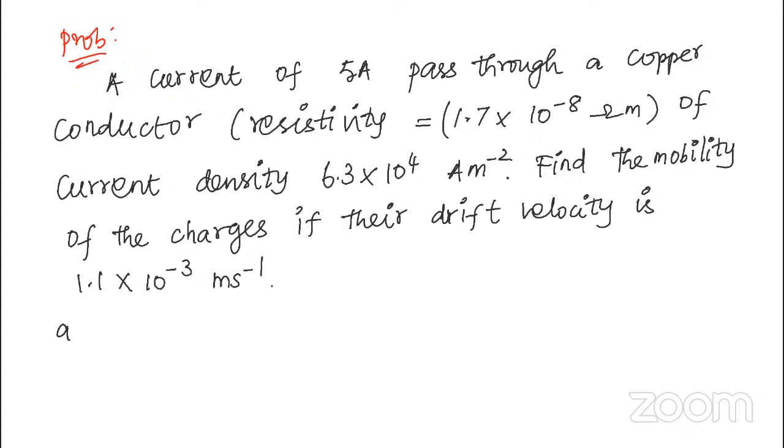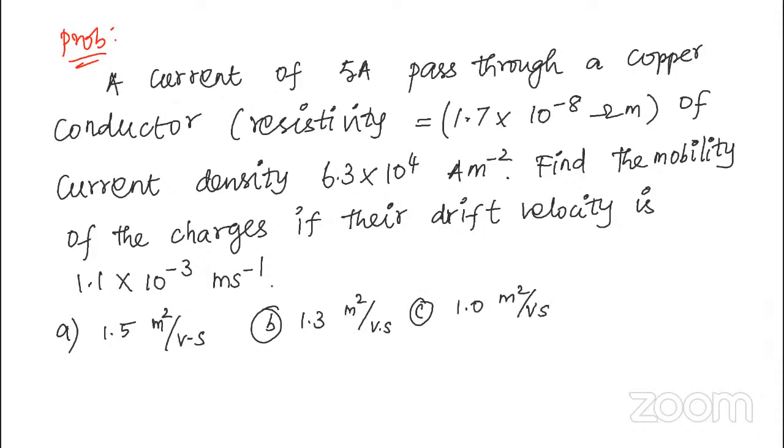So here they are given the 4 options: option A is 1.5 meter square by Vs, option B is 1.3 meter square by Vs, C is 1.0 meter square by Vs, and option D is 1.8 meter square divided by V into S.